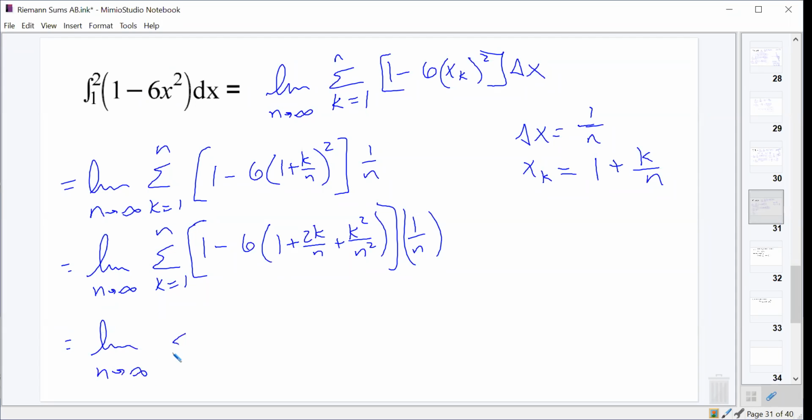And then we've got same limit, same summation. As we distribute the 6 through, that's 1 minus 6 is negative 5. And if we multiply that by 1 over n, that'll be negative 5 over n. And then we're going to have a negative 6 times this, so that'll be minus 12k over n squared. And then a minus 6k squared over n cubed. Does that look good to everybody?